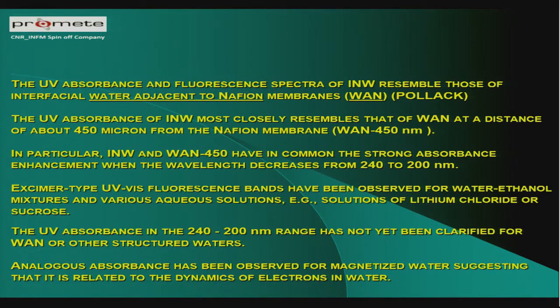It is the same that you measured at this distance. In particular, it has in common the strong absorbance when the wavelength decreases from 240 to 200 nanometers. So it seems like an excimer type UV fluorescence.